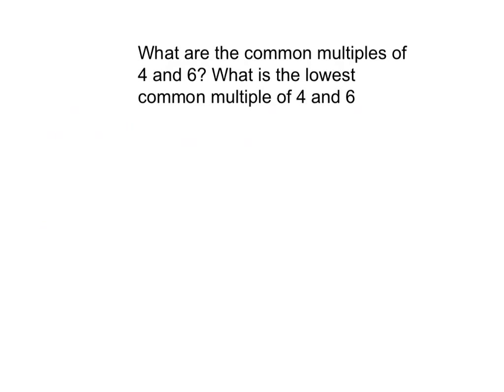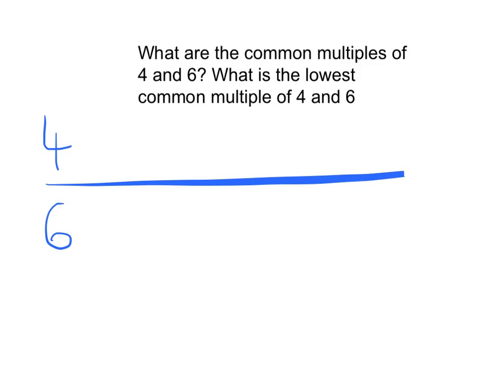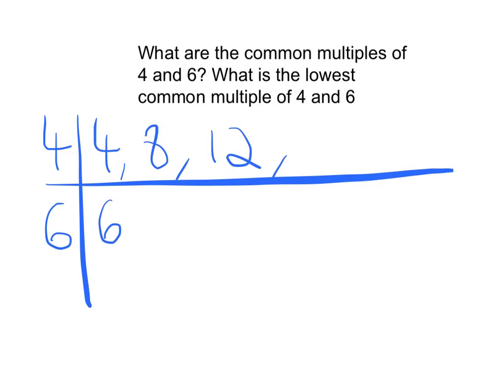Okay, multiples now. With multiples, the simplest way of solving it is to put the two numbers either in a column or in a table like this and just start listing, because you're looking to find the lowest common multiple. So as you can see, 8, 12, 16, 20. We'll stop there.